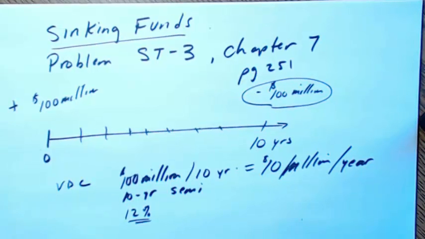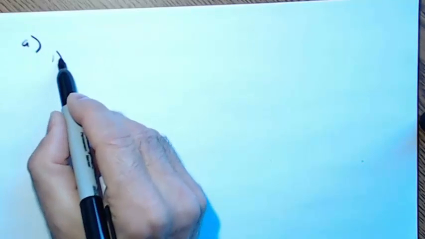Now, let's answer the questions presented in the text. Question A says, how large must each sinking fund payment be if the company uses the option to call at par or decides to buy the bonds in the open market? Okay, so part one.